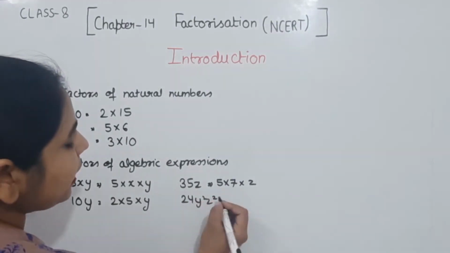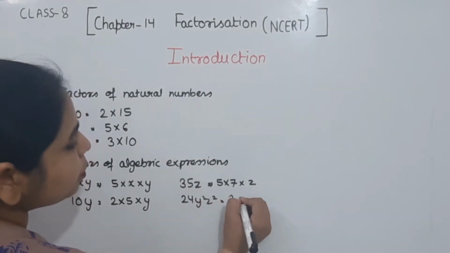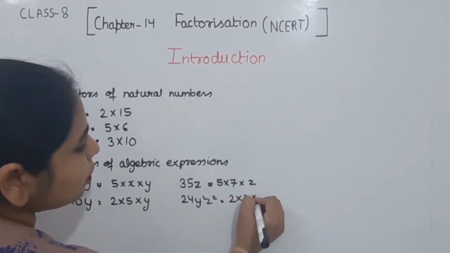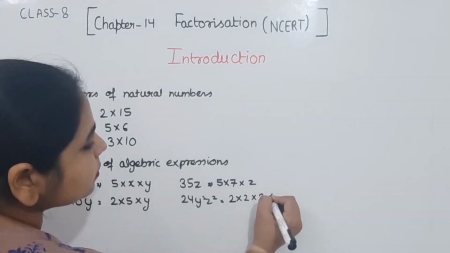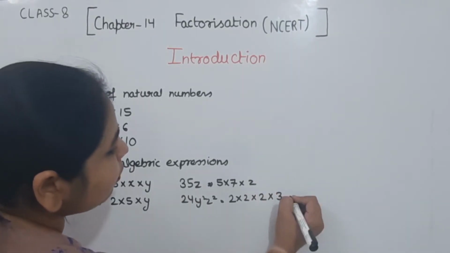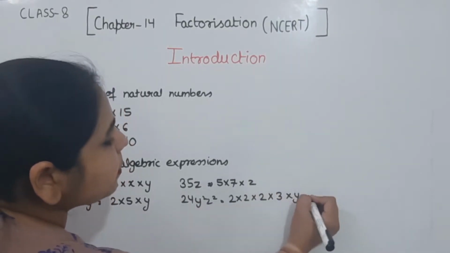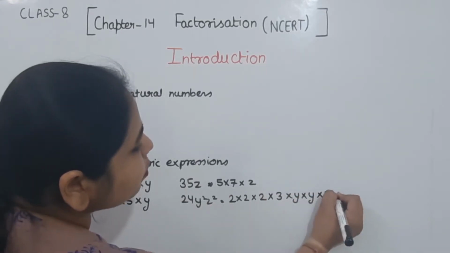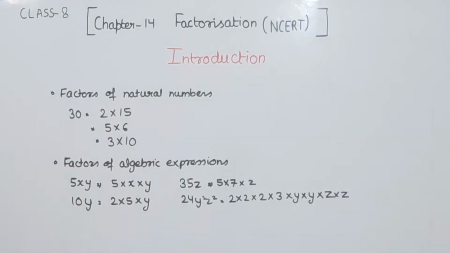So I am going to write here 2 2s are 4 and 4 2s are 8, 8 3s are 24. Multiply by y square, that means y is going to multiply by itself 2 times, and z square, that means z is going to multiply by itself 2 times. So these are the factors we are having of the algebraic expression.